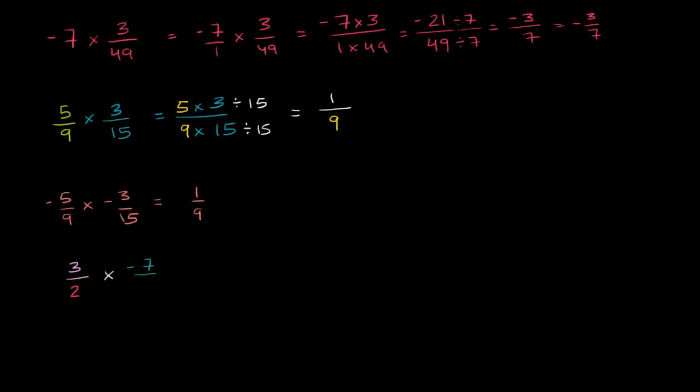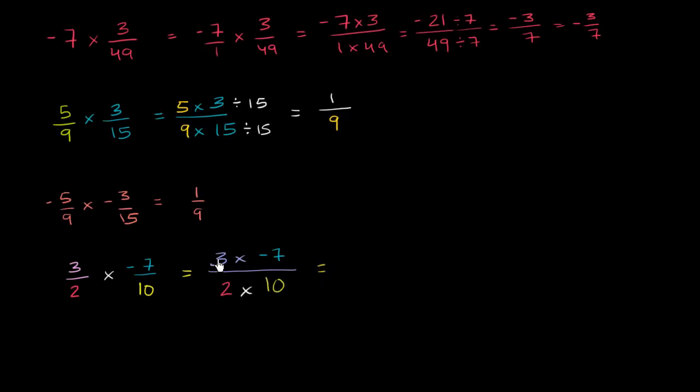I'm arbitrarily picking colors. And so our numerator is going to be 3 times negative 7, and our denominator is going to be 2 times 10.